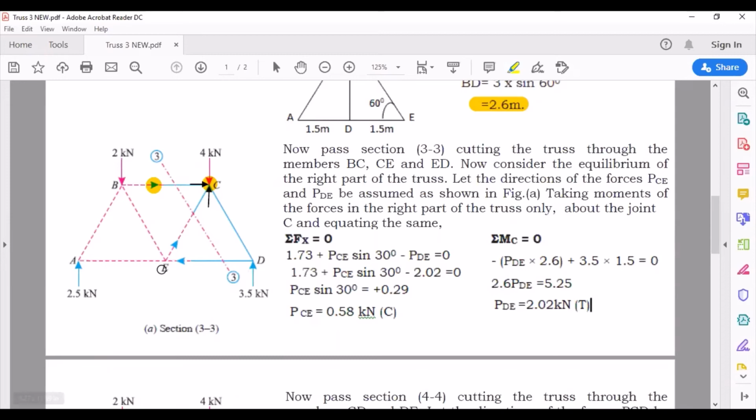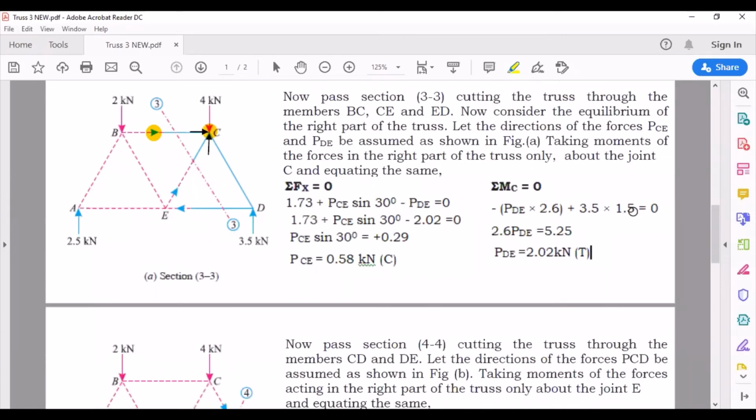Next, you have the 3.5 kilonewton, which is acting at a distance of 1.5 meters, so it is 3.5 into 1.5.